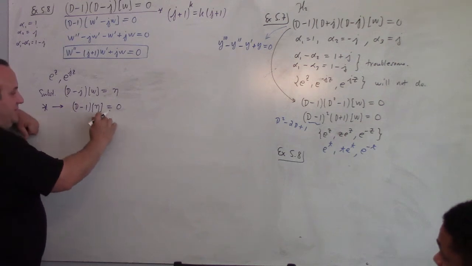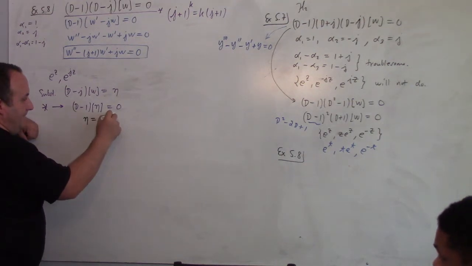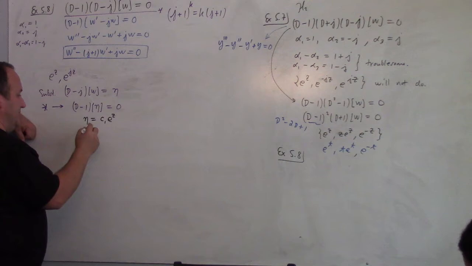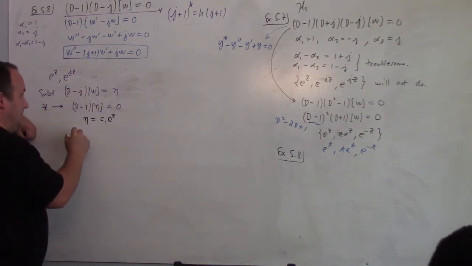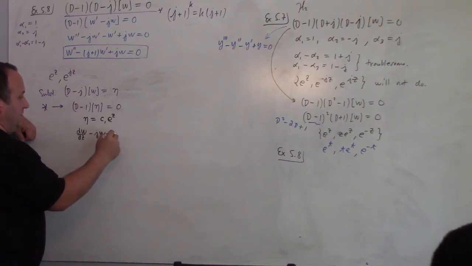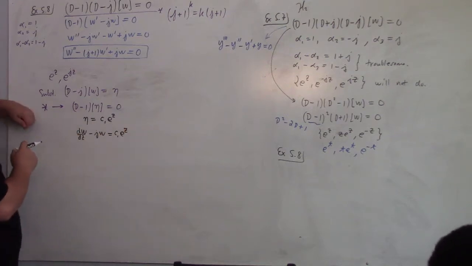We know this has solution eta equals c1 e to the z. So then that brings us back to dw/dz minus jw is equal to c1 e to the z. And then we have to solve that.